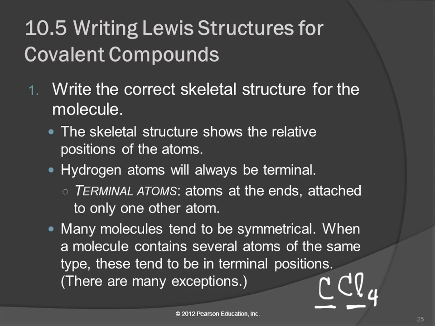Symmetrical means, hey, let's try putting the carbon in the middle and put the chlorines around it. And so we might arrange it like this, instead of doing something like this and putting them all in a row.